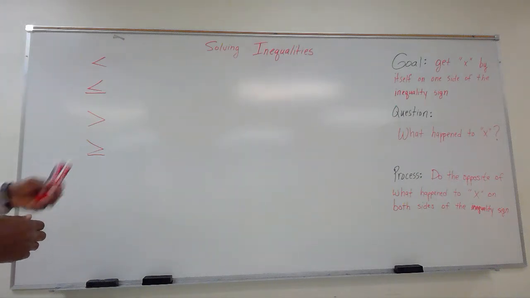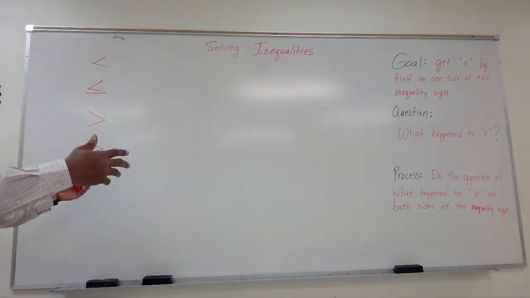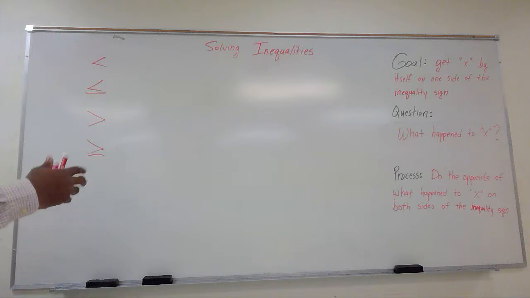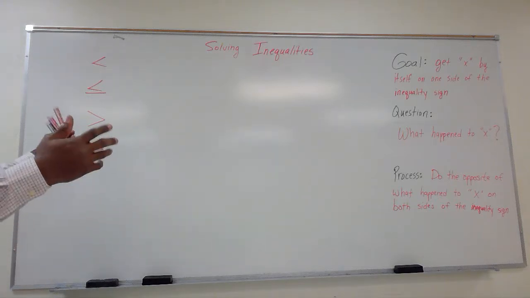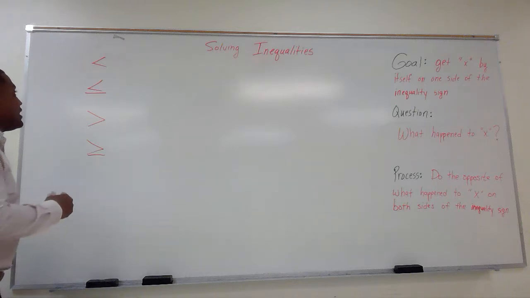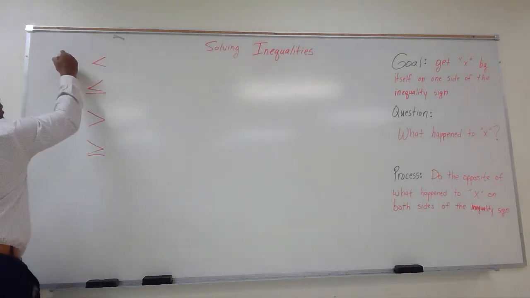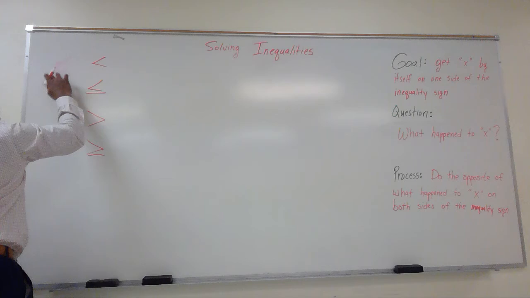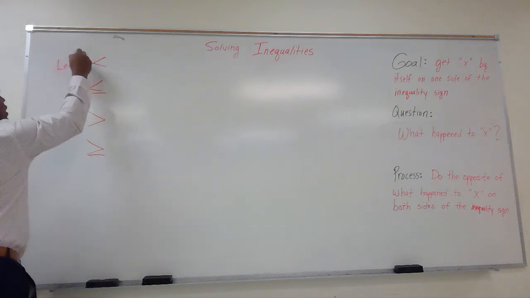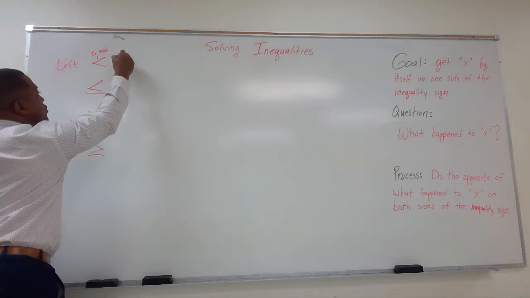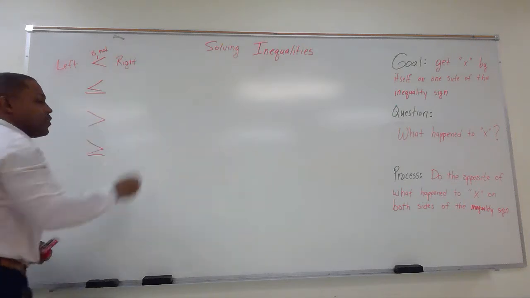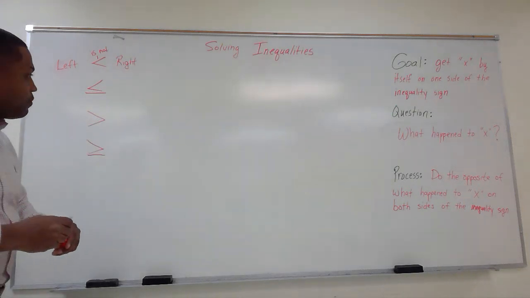With inequalities, if you have seen the video on solving equations, we know that equal signs just simply mean is, but inequalities mean that what's on the left side is not equal to what's on the right side, okay?